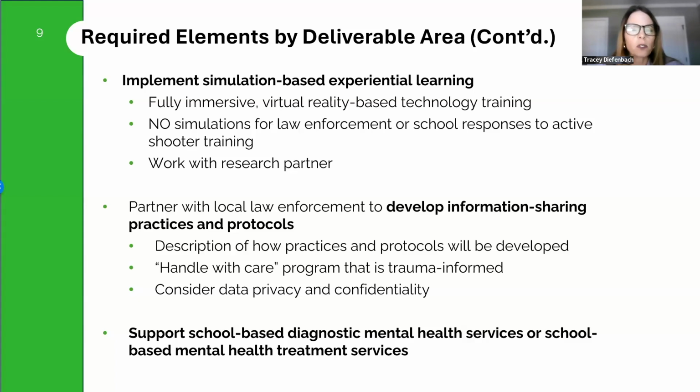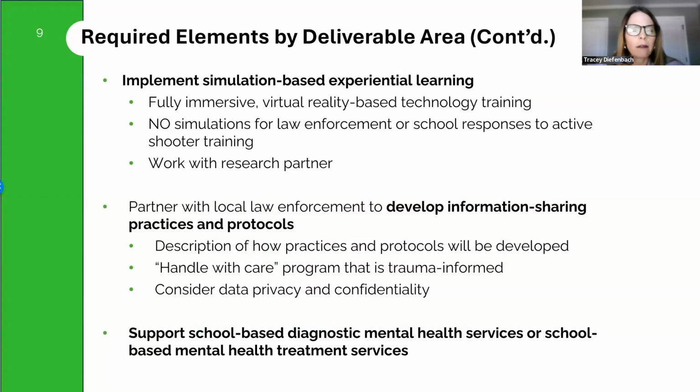How will you ensure student information is protected and in full compliance with the Family Educational Rights and Privacy Act, or FERPA, and any other laws and regulations? Also, take into consideration not only the development of practices and protocols, but any training and education of law enforcement and staff that needs to occur on these data sharing practices and protocols.